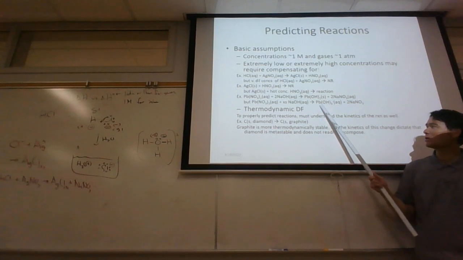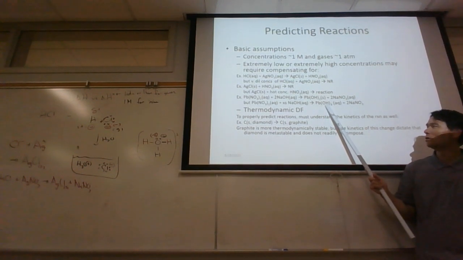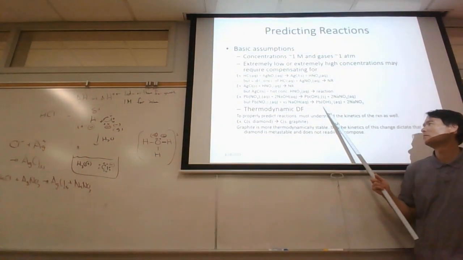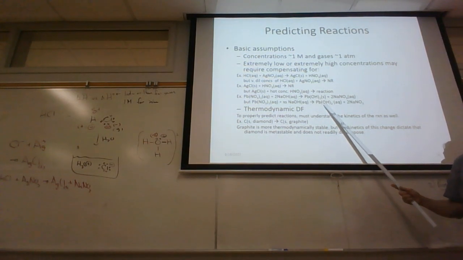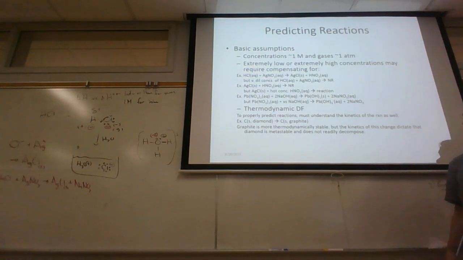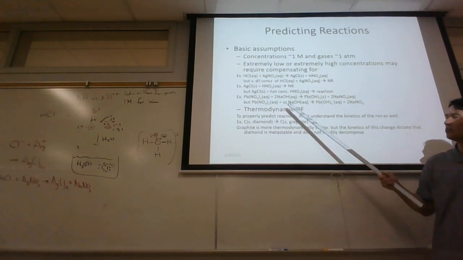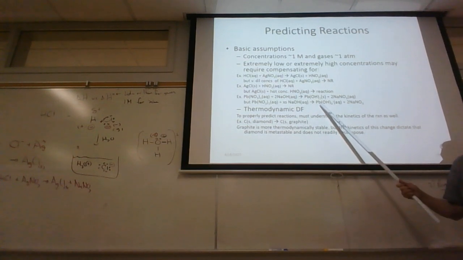The name of this complex ion is trihydroxoplumbate 2 ion. We'll learn how to name these in chapter 24. So this precipitate actually dissolves. Normally when we try to precipitate, we add excess precipitating agent to maximize the amount of precipitation we have. But you wouldn't want to do that in this case because of this.